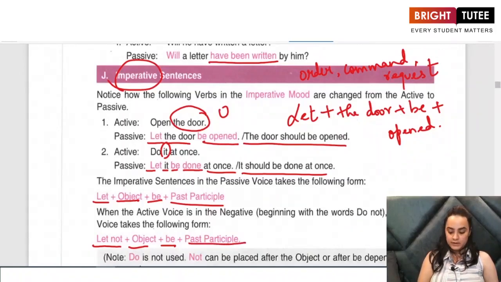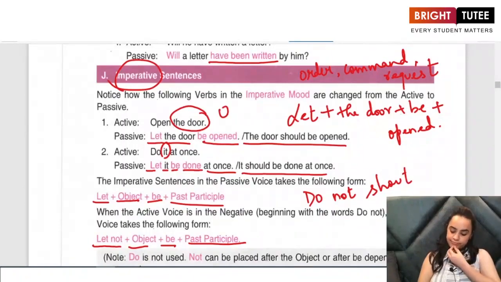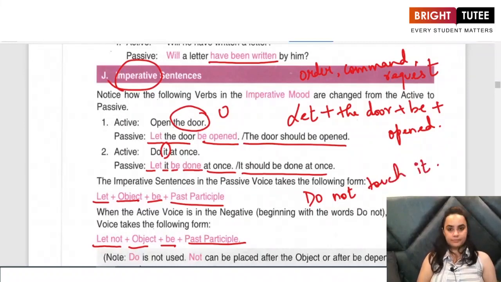For example, if the sentence is do not touch it. It is negative, so let not, what is my object?